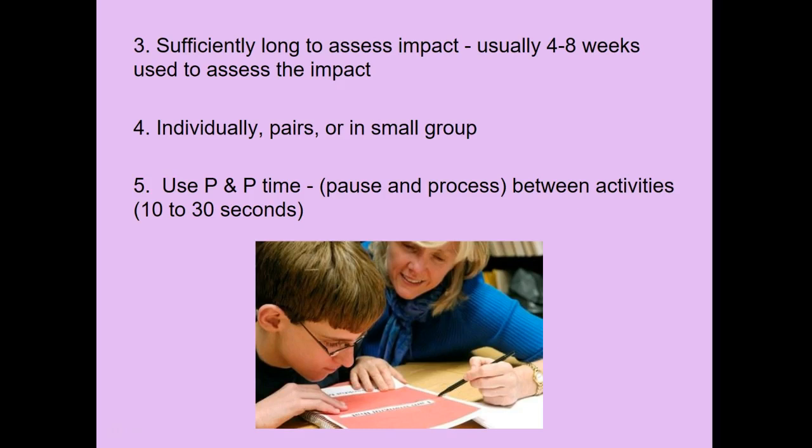It needs to be sufficiently long to assess the impact. Usually it takes 4 to 8 weeks to see if the intervention is working. The intervention can be individual, in pairs, or in small groups.